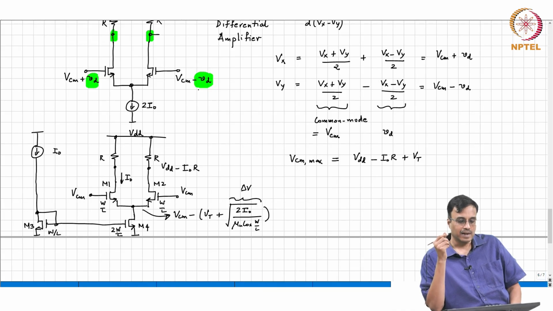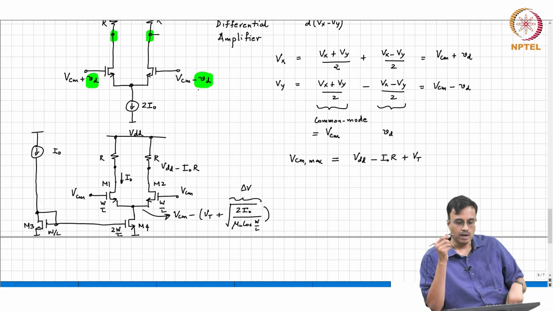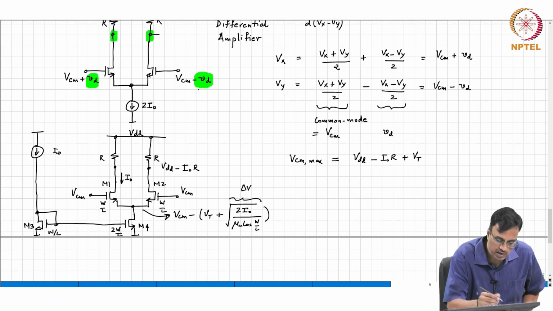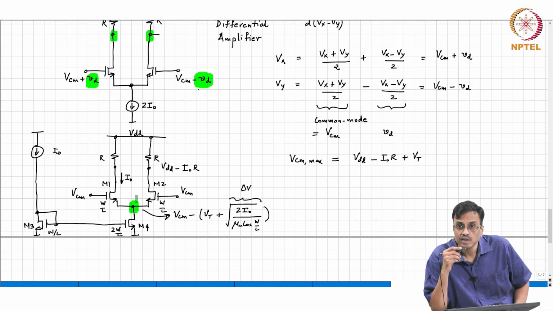So, when VCM is becoming lower and lower, what happens? The drain potential of M4 is VCM minus VT minus delta V, correct.